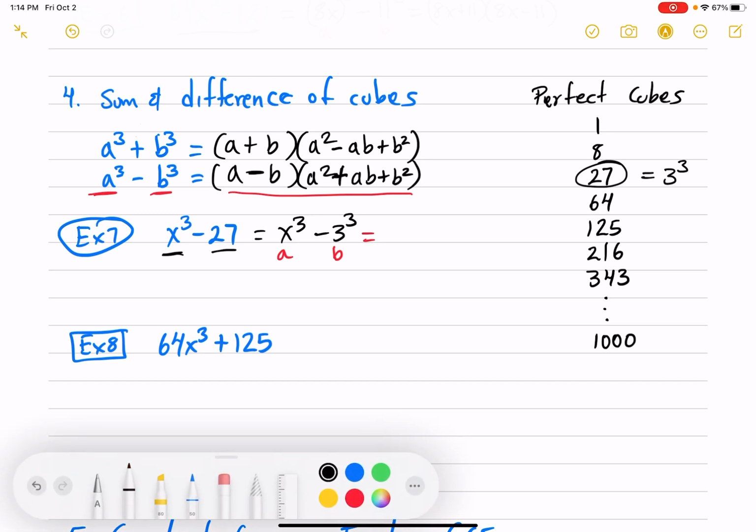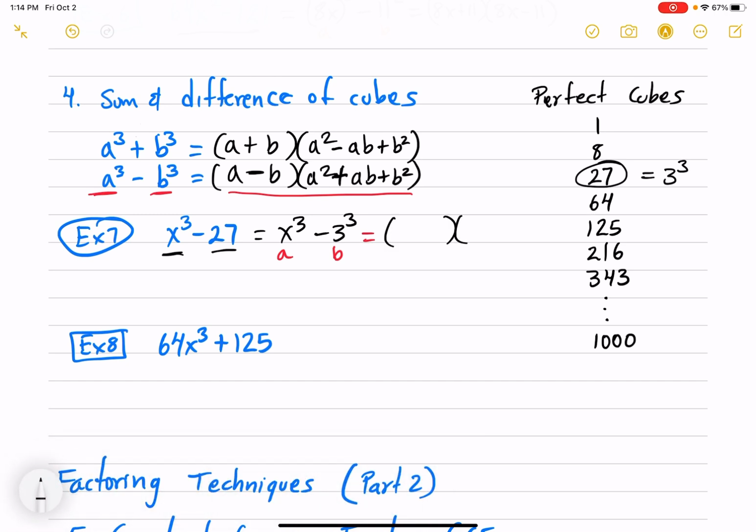It is a small parenthesis and a bigger one. Notice the formula is a minus b, so x minus 3. Then it says to multiply a by itself, so it's x squared, plus the product of a times b, so 3 times x, which is 3x, and then b by itself, which is 3 squared, which is 9. And this is how you factor this difference of cubes.